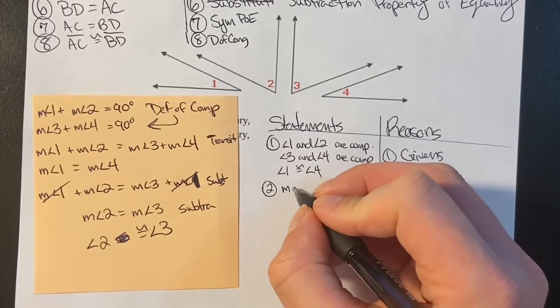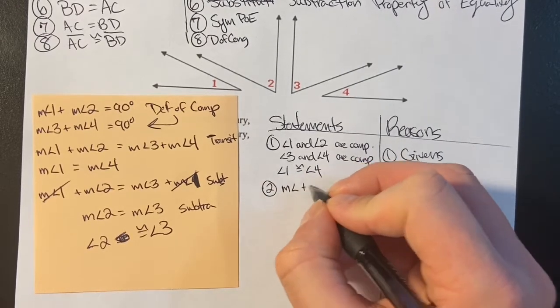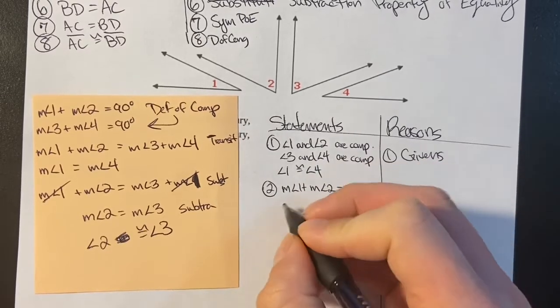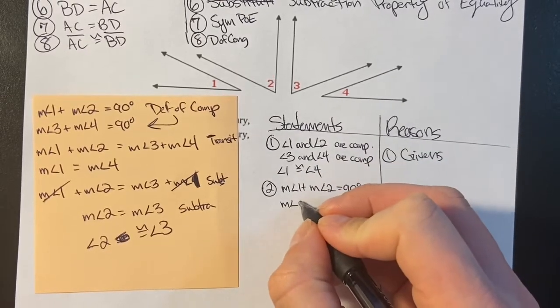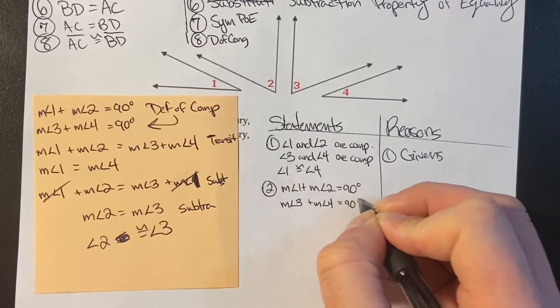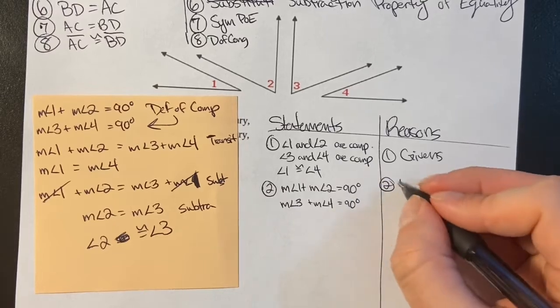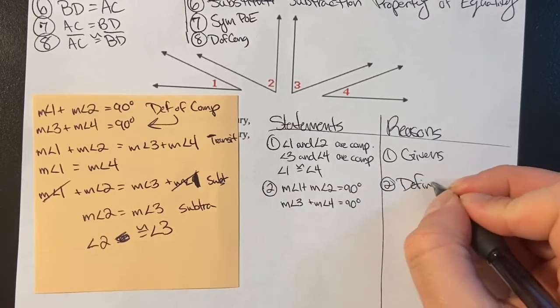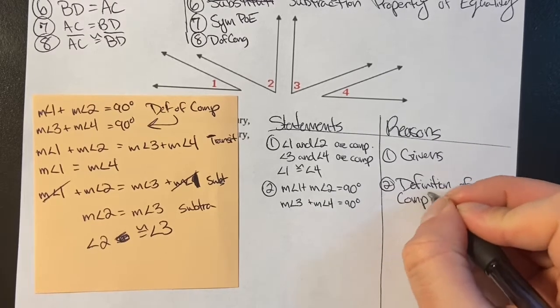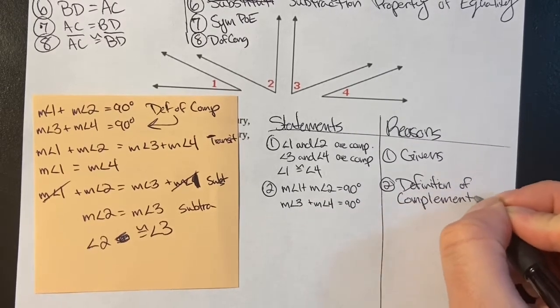The measure of angle 1 plus the measure of angle 2 is 90 degrees. Also, the measure of angle 3 plus the measure of angle 4 is 90 degrees. The reason for that is the definition of complementary. Complementary means two angles that add up to 90 degrees.